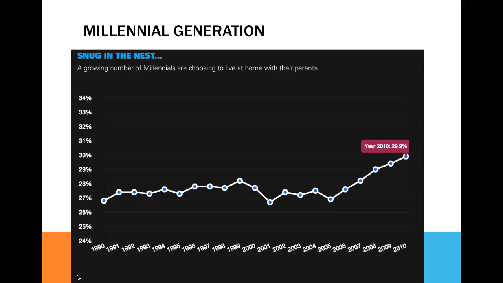Now, for millennials, in the year 2010, 29.9% of individuals 18 to 34 were still living with their parents. And if you look at this chart, it indicates an upward trend. In 1990, it was only about 26.6% of 18 to 34-year-olds living with their parents, but it definitely has gone up.